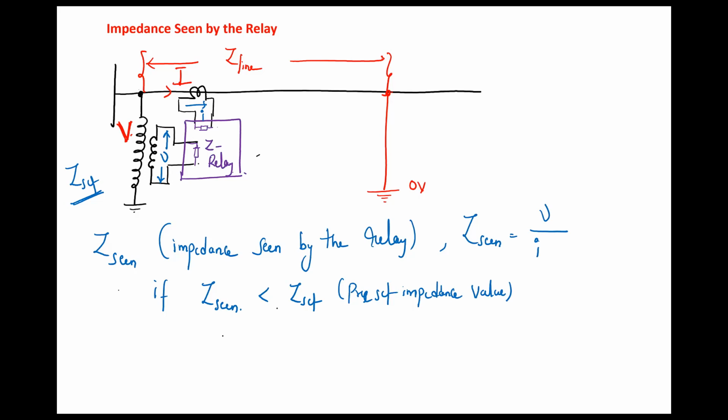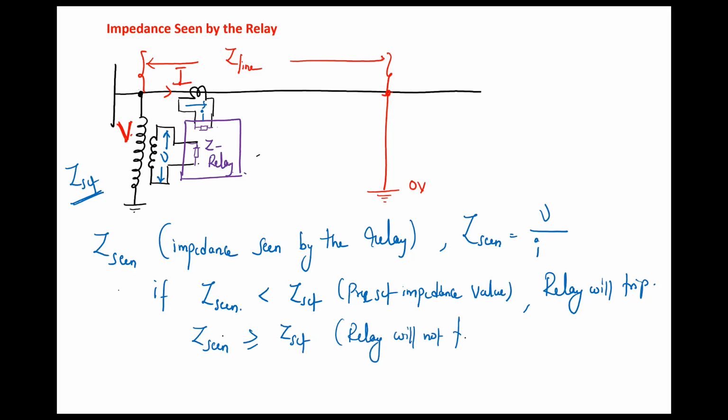If Z seen is less than Z set, the relay will trip. If Z seen, the impedance seen by the relay, is greater than or equal to the set value, the relay will not trip. Understand? That is the philosophy of how the impedance relay operates.